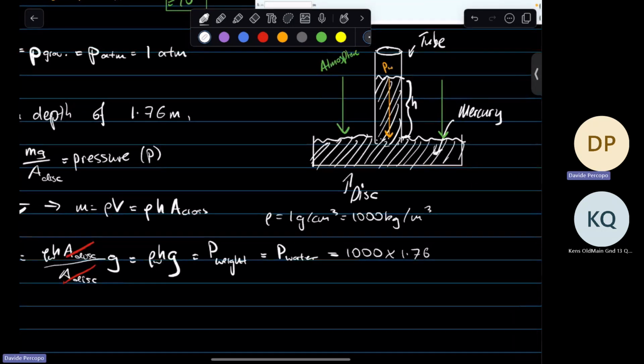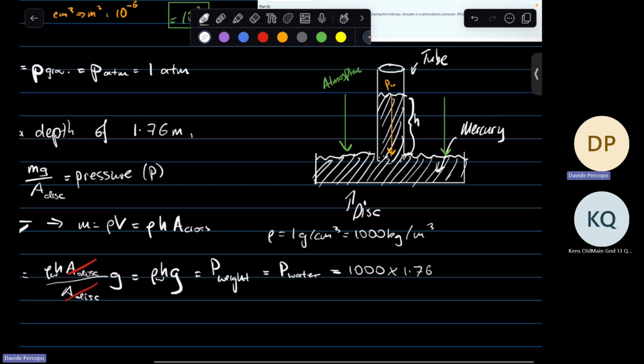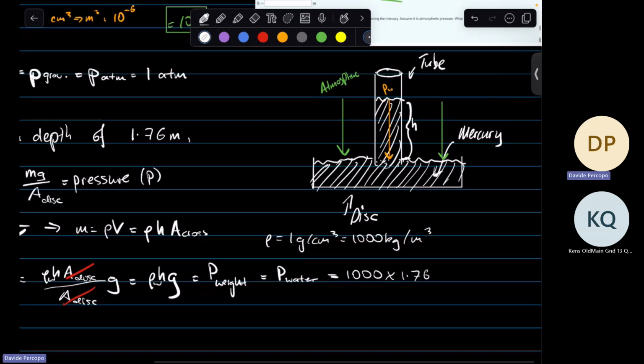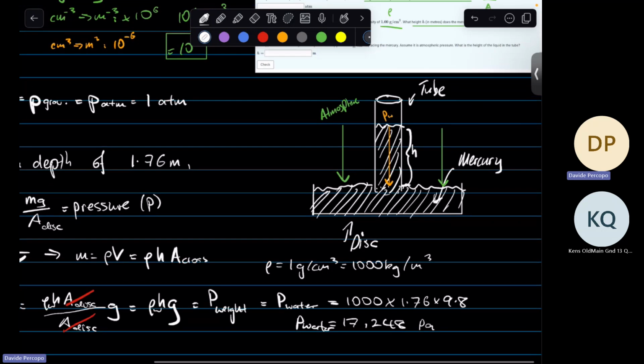Then times 9.8. If you trust me on this, and anyone can double check, this is 17,248 pascals. We're not done yet, but we're halfway there.